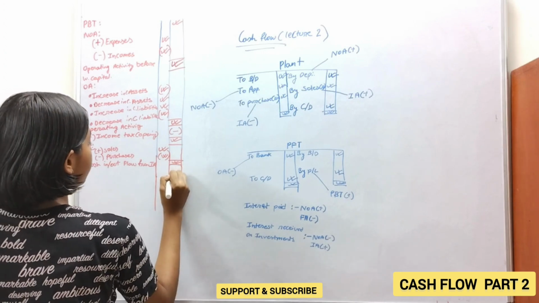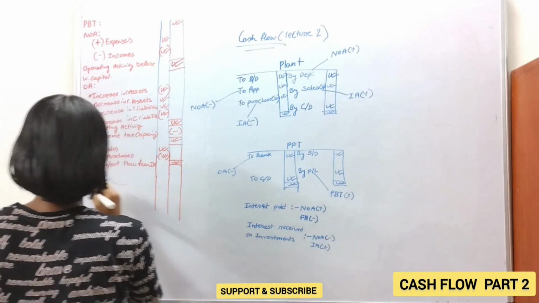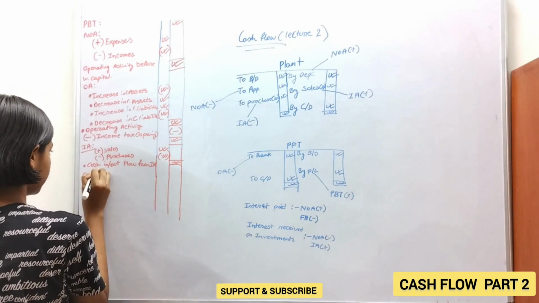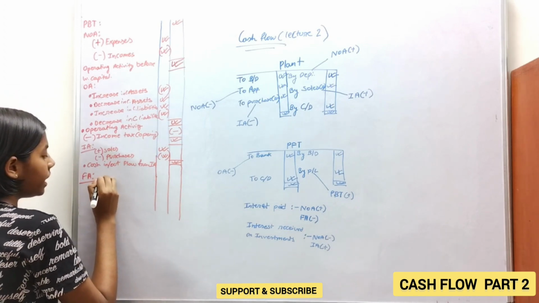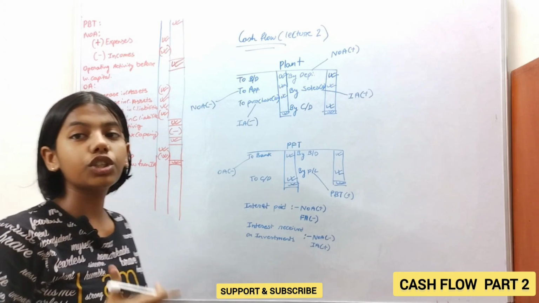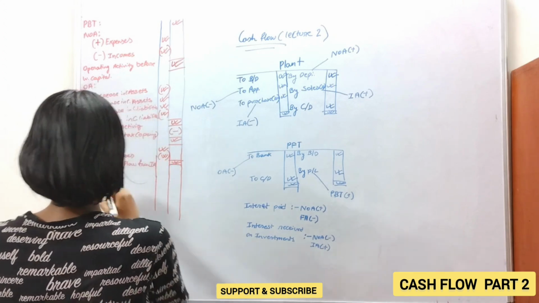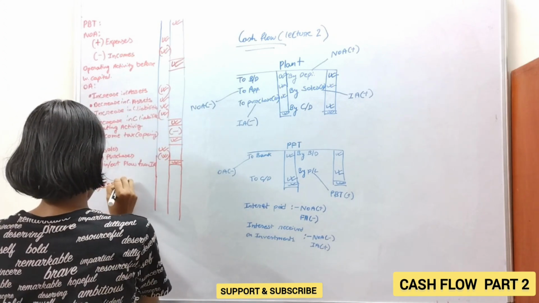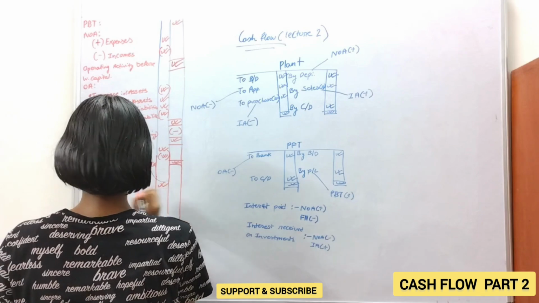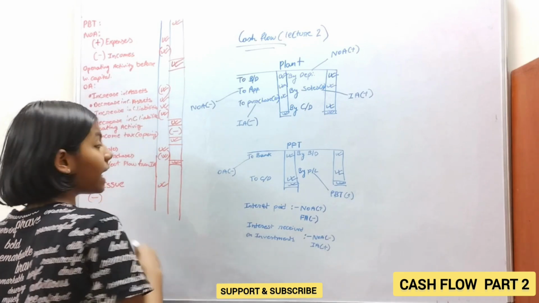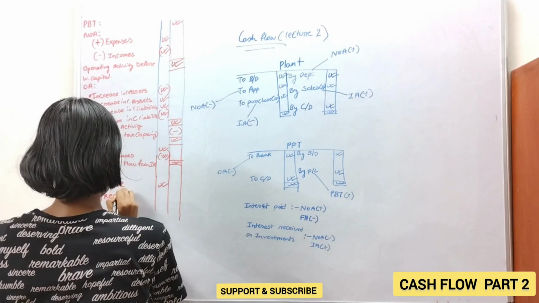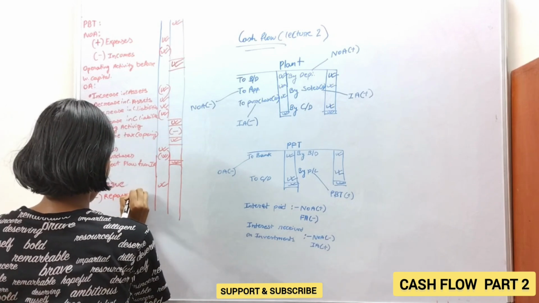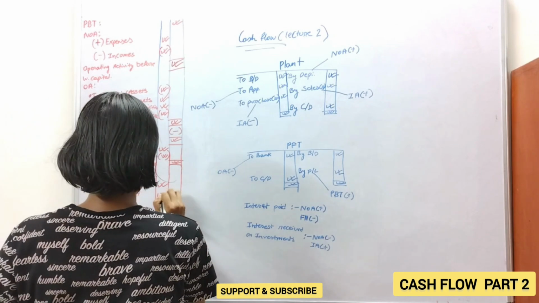So then we'll move on to making FA, which is financial activities. So if there was any issue like issue of shares or issue of debentures during the year, we'll add it. And if there was any repayment, we'll less it. Repayment less.